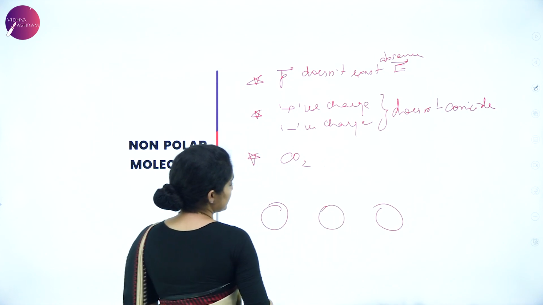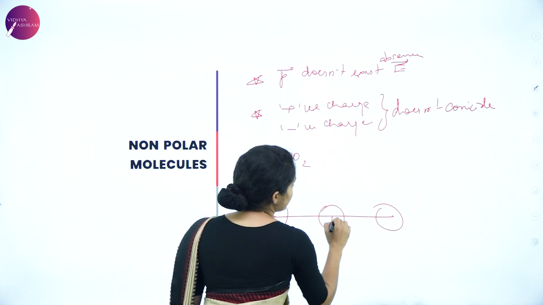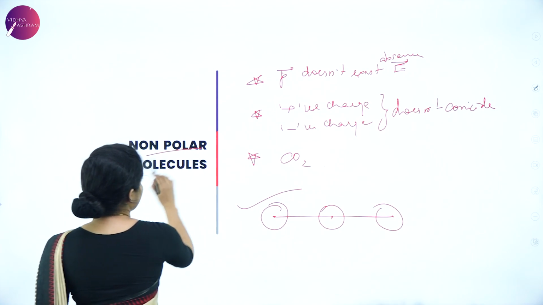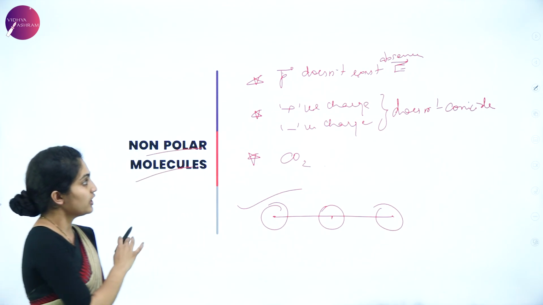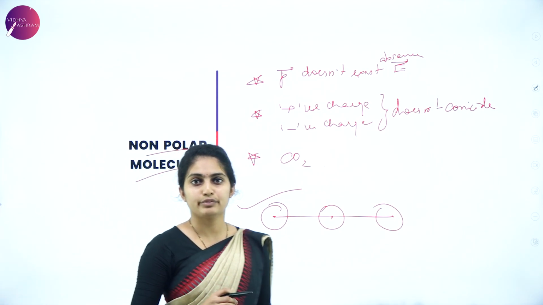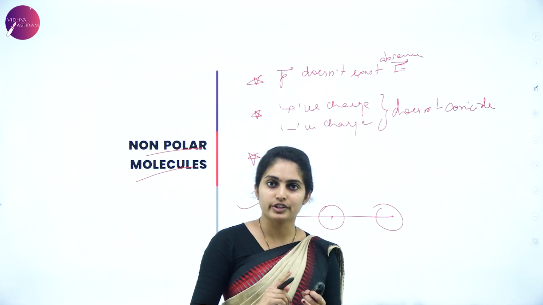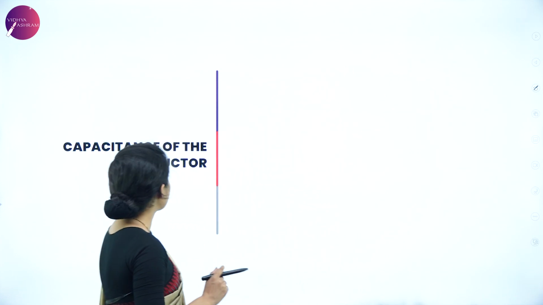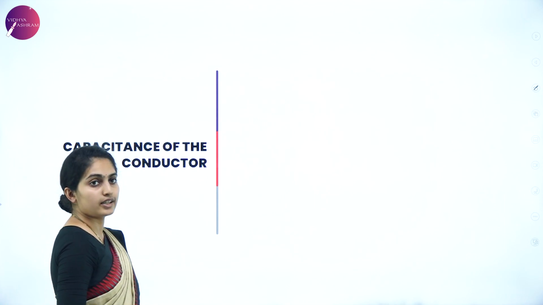So all three lie in one single line. That is why it is an example of a non-polar molecule. So these are the three components you will have to remember with respect to polar molecules as well as non-polar molecules.